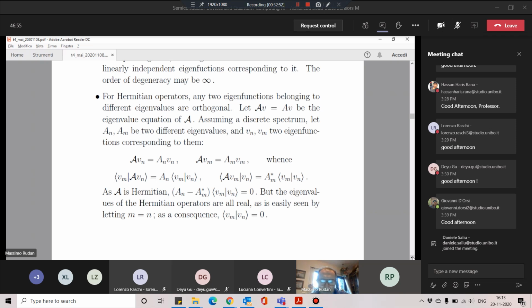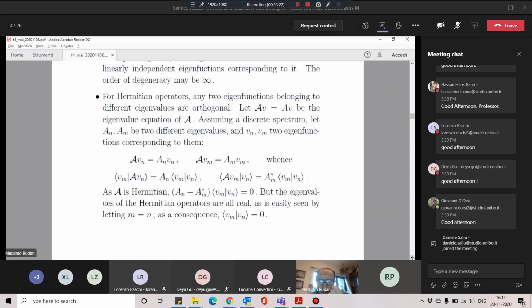Because by hypothesis, the operator is Hermitian, so we can freely transport the operator from left to right or vice versa in the scalar product. So the left-hand sides of the two relations are equal to each other, so they cancel down. Then we have that the difference between the two right-hand sides must be zero.